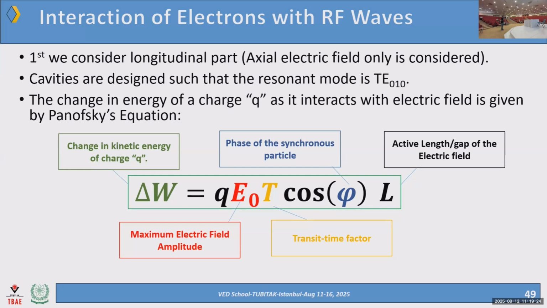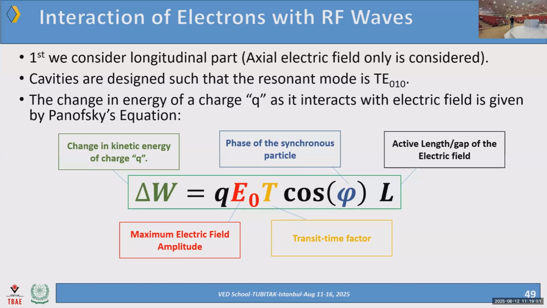And this length L is basically the gap between the two points. Remember the cartoon I showed. That's why I always need a board, because once we have to switch to the diagram, consider that we have a cavity. A point is where the particle enters, and the point where the particle leaves.